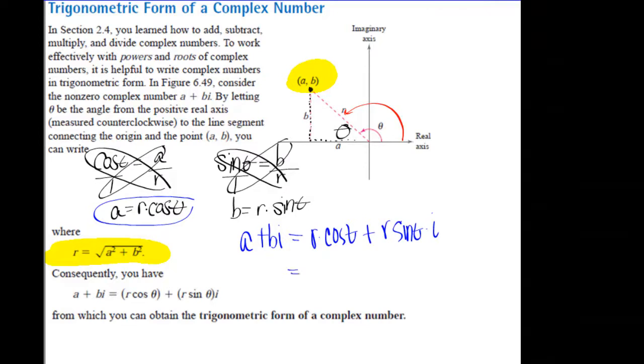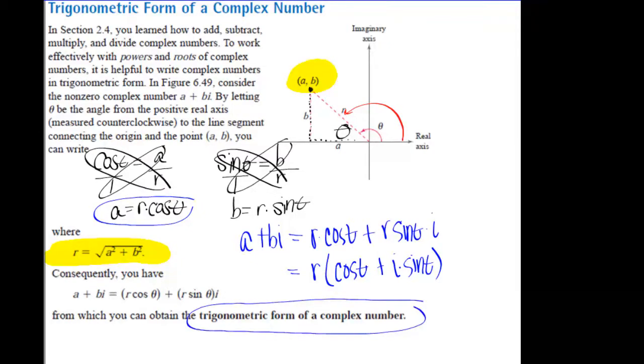Factoring out an r, we get r times cosine theta plus, we're going to put the i in front so it doesn't get tied up into the theta argument, i sine theta, close parentheses. So this is called the trig form of the complex number.